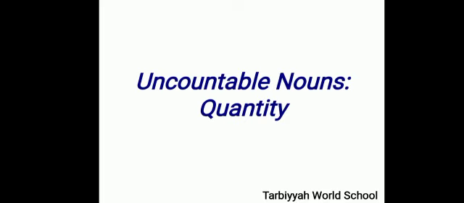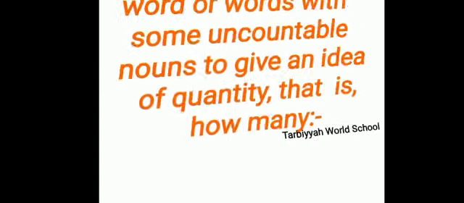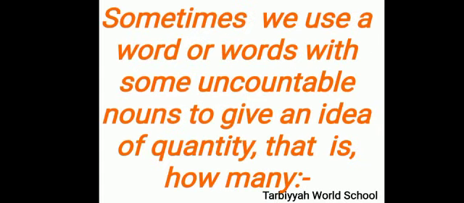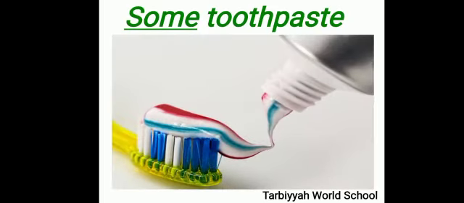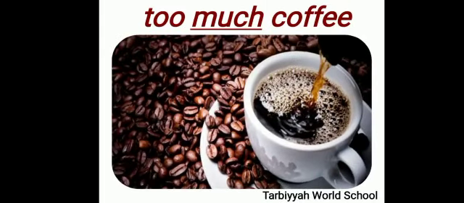Now see, uncountable nouns and quantity. Sometimes we use a word or words with some uncountable nouns to give an idea of quantity, that is, how much. For example, no electricity, some toothpaste, too much coffee.